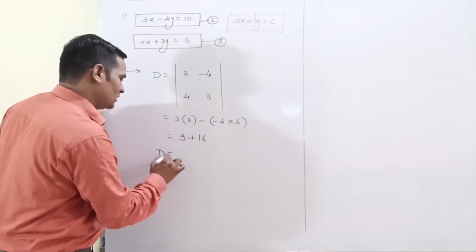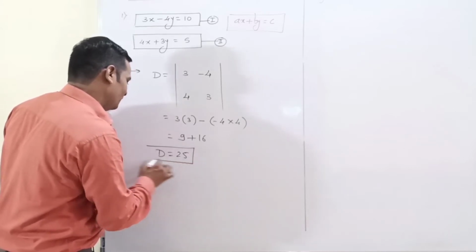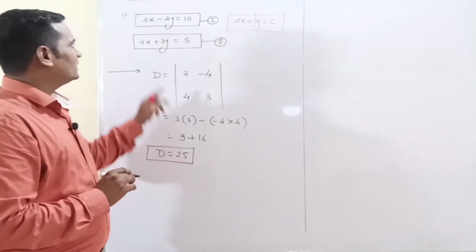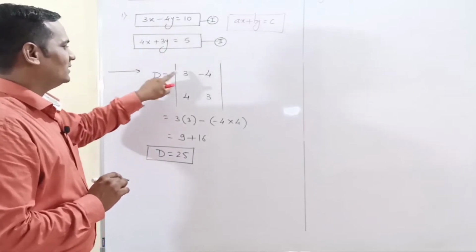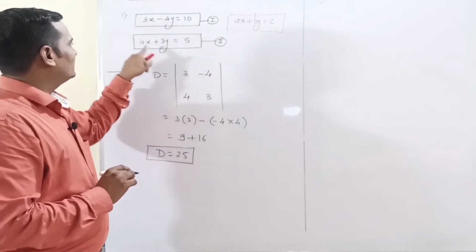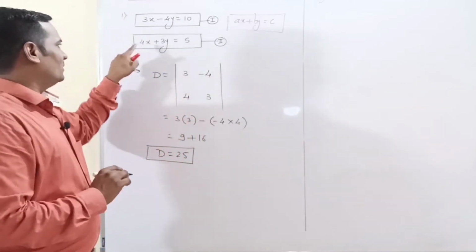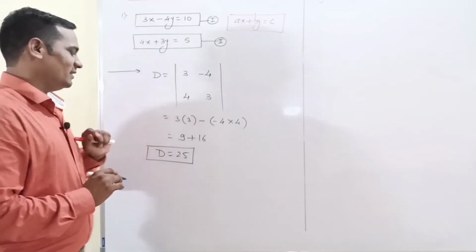So d is equal to 25. Okay, here we got the first value, that is d. That means to find the value of d, we have to take the coefficients of the first and second terms like this. 3 is here, minus 4 is here. Below that, the coefficients of the second equation, first term and second term, 4 is here, 3 is here, done.